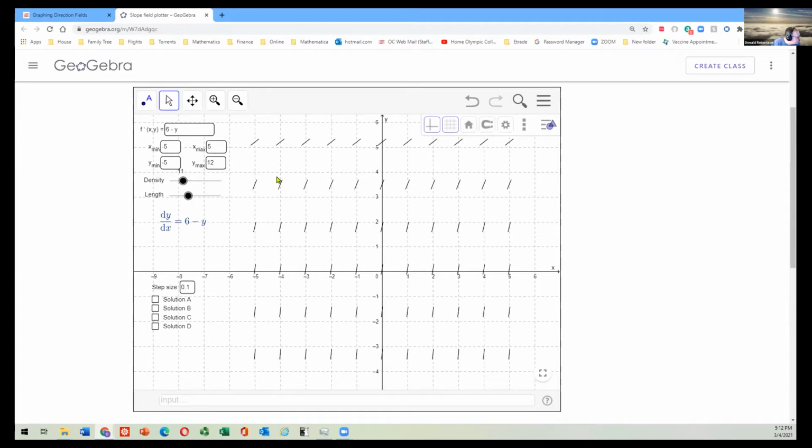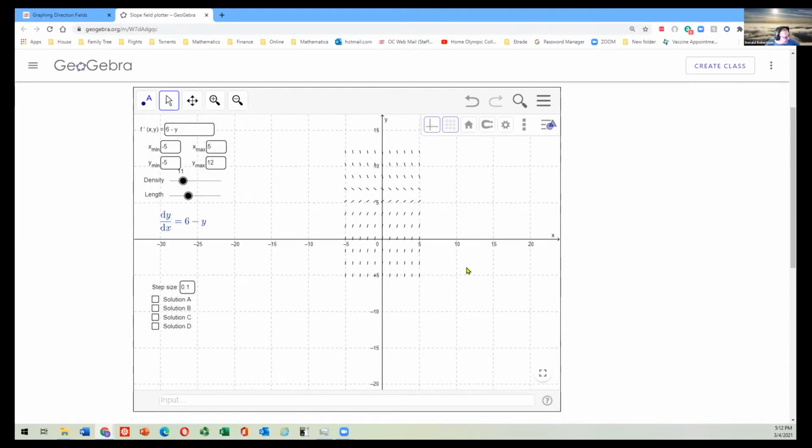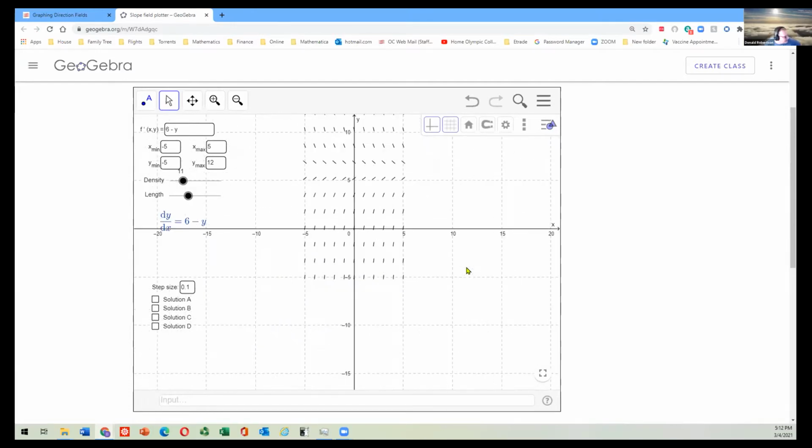Why aren't you changing? Oh, there we go. Can you see it now? I had to shrink it up to see it, but it does go up to 12. So it comes up and then it kind of zigzags in. So hopefully that's enough to get a picture.